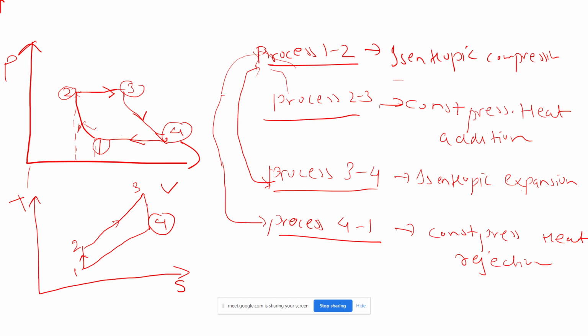1, 2, 3, 4. So what is this process called? This gas turbine works on a process called the Brayton cycle.